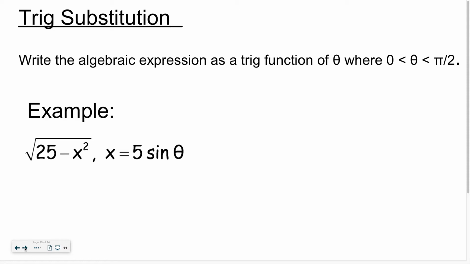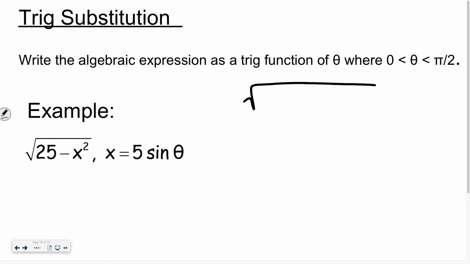Okay, the last example that you're going to see is something that looks like this with trig substitution. And so it does what it says it should, right? You're doing a substitution. It's going to give you something like this, the square root of 25 minus x squared. And then it's going to tell you what trig to substitute in for x: 5 sine theta.